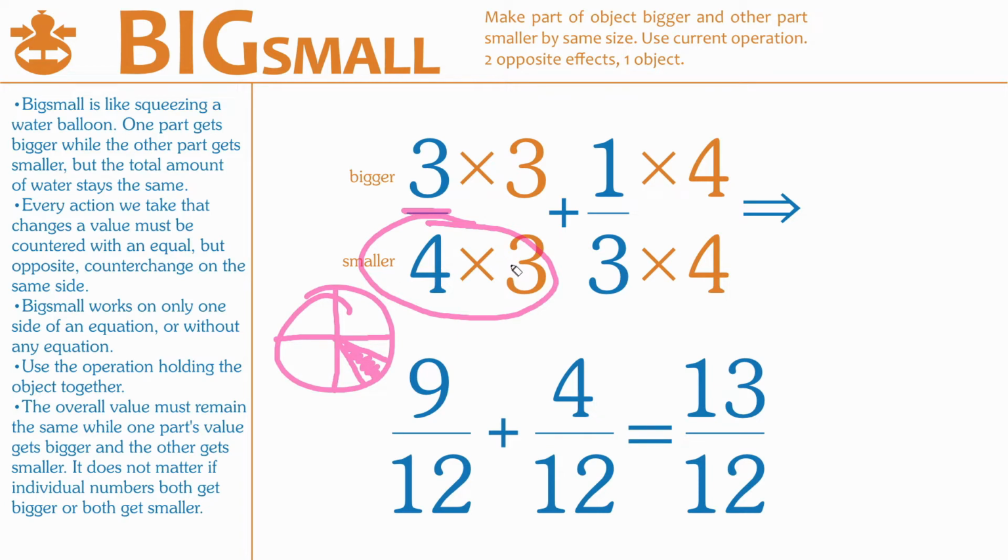When I multiply by 3 on the bottom, I'm actually making my fraction 3 times smaller. So then, what do I do on the top to make my fraction 3 times bigger? Well, now it becomes clear. I've got to multiply. Dividing by 3 isn't going to make it 3 times bigger.